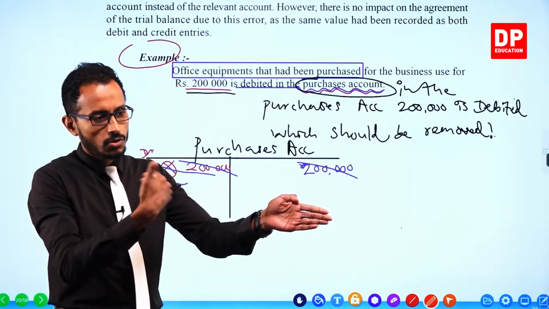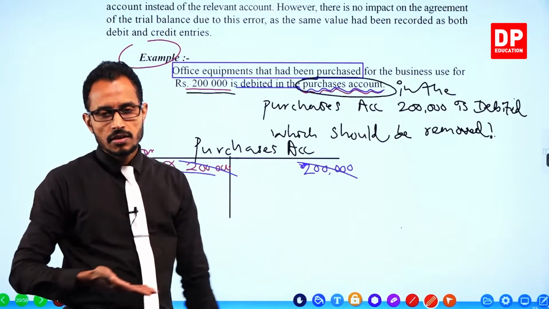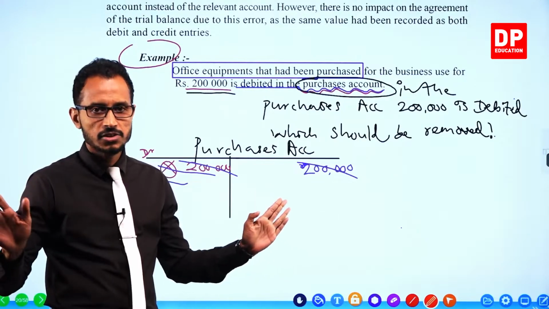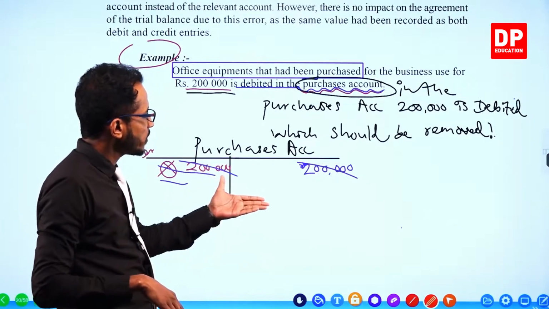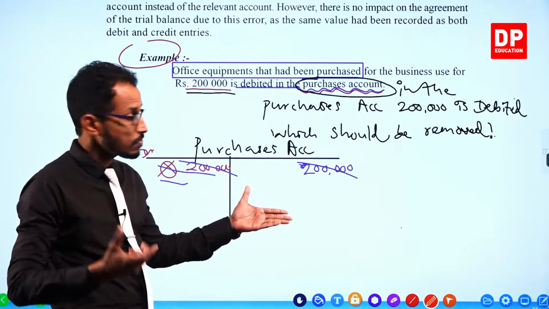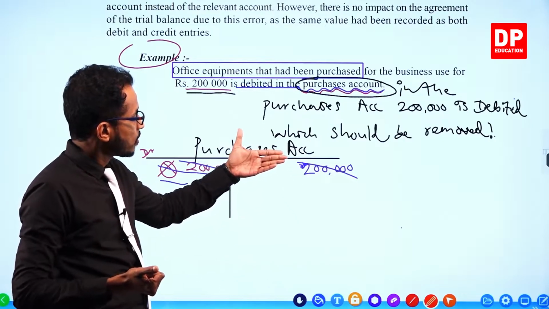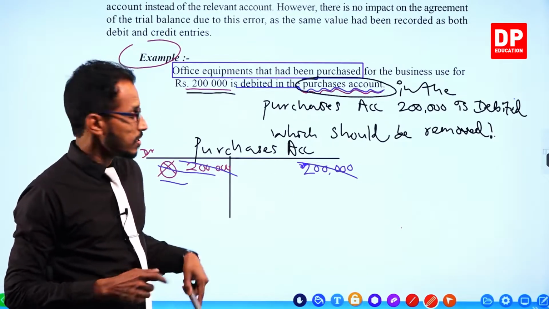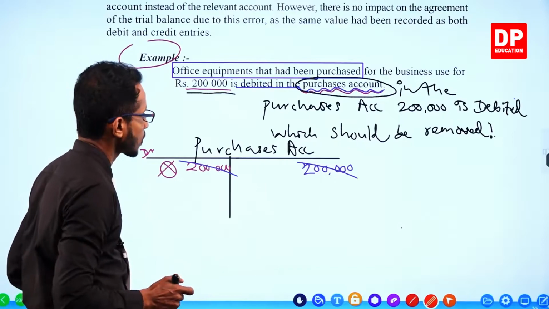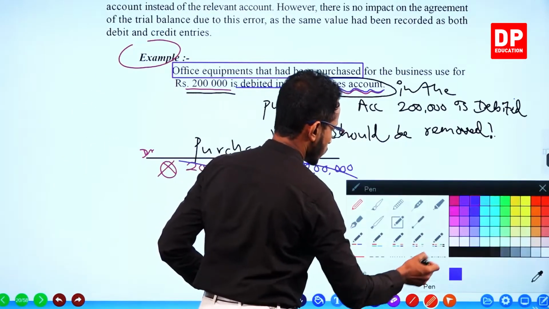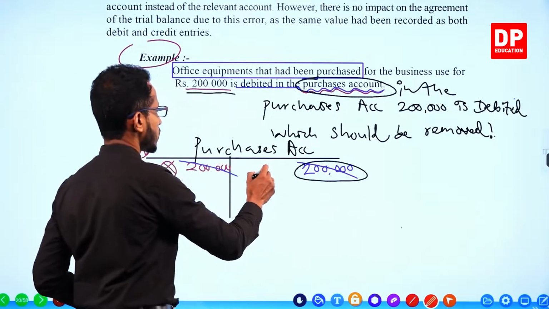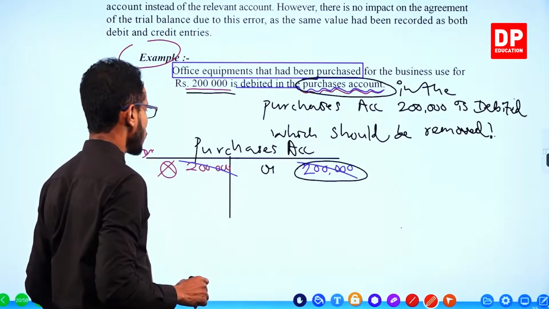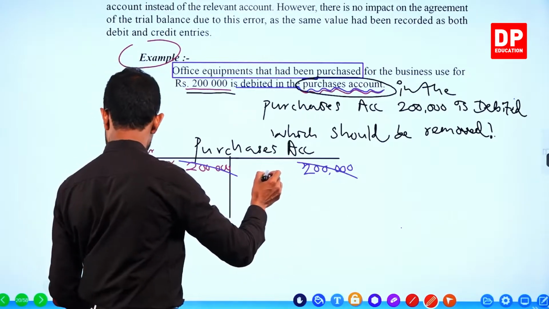A cash credit or bank account credit, the credit entry, we can't touch. Then how do we come up with a double entry when we enter purchases account credit side 200,000? One entry is done. Let's take that as the first entry.